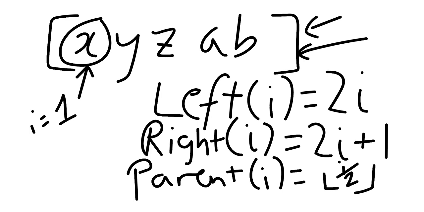So the index which is the floor of i over 2 is where we can find the parent of i, right? Floor, if you haven't seen it before, floor z just means that we take the integer part of z, or rather we round it down to the nearest integer. So that's just what flooring means. We just take the integer part of whatever it is, right?